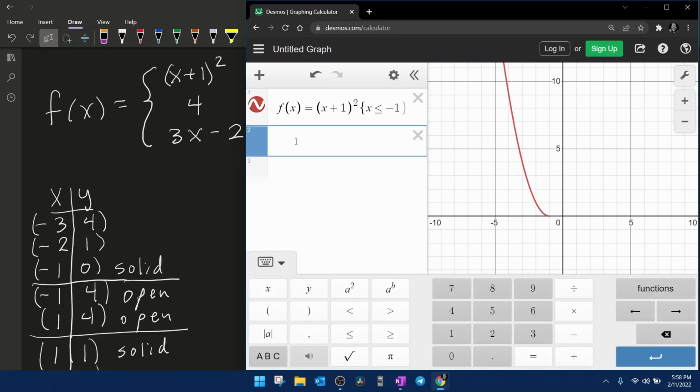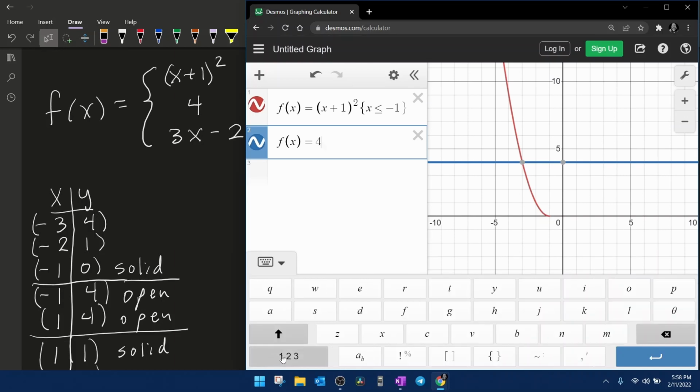And then you're going to rinse and repeat for the middle and bottom pieces. Next, we're going to say f of x equals 4. Again, that's going to give us what we thought, the constant function, which is a horizontal line, and we need to restrict the domain again.